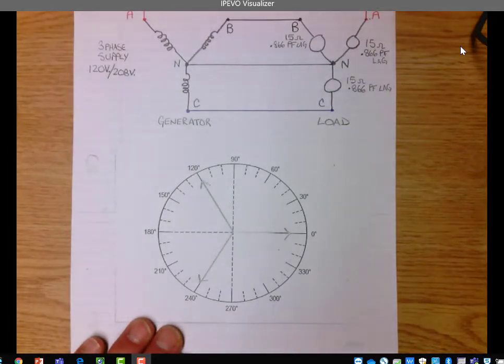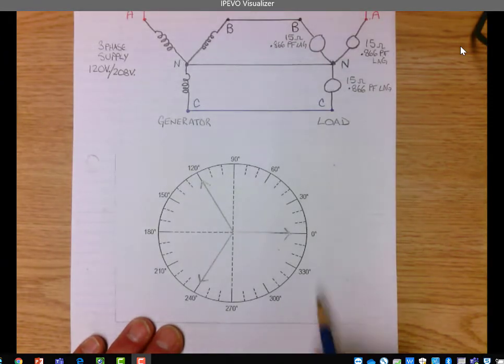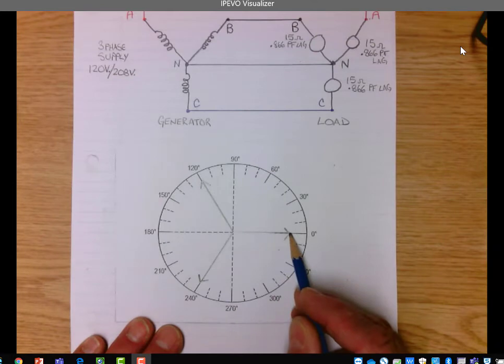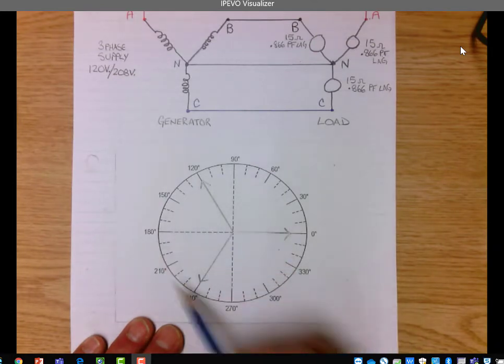Figure 6 on page 5 in your ILM goes through where the phase voltages are located. At the 0 degree phasor, we deal with a 360 degree circle.